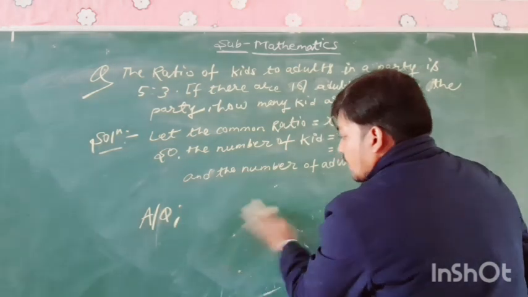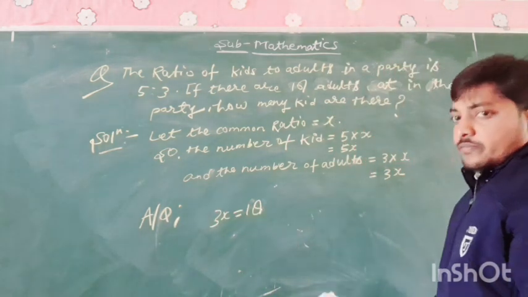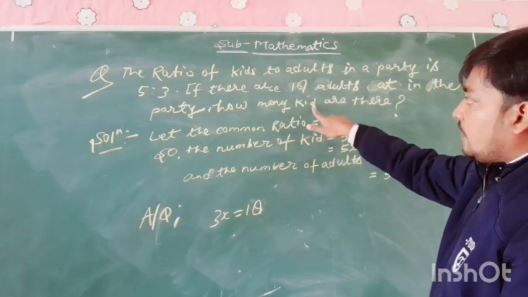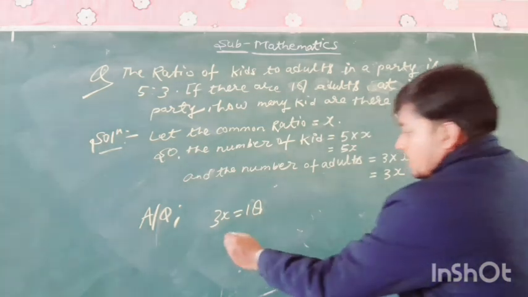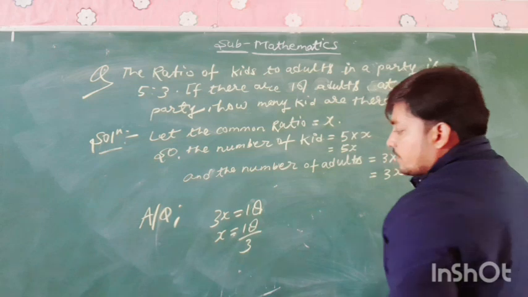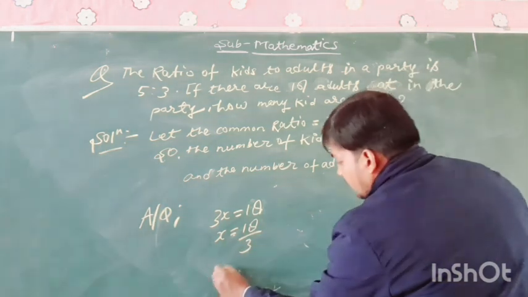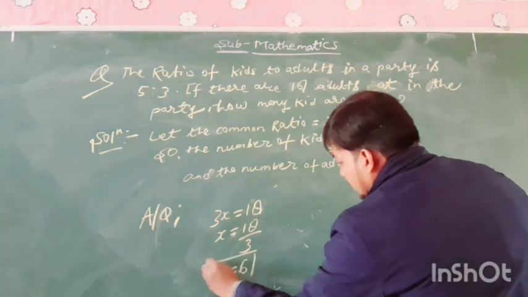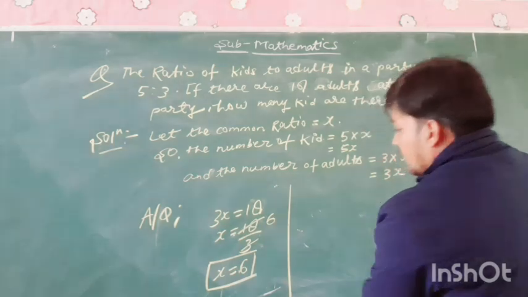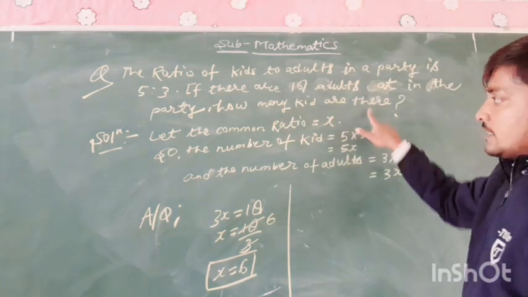Then 3x equals 18, which is the equation form of that question. Then the value of x equals 18 upon 3, and the quotient of 18 upon 3 is 6. 3 sixes are 18. Then we have to find how many kids are there.